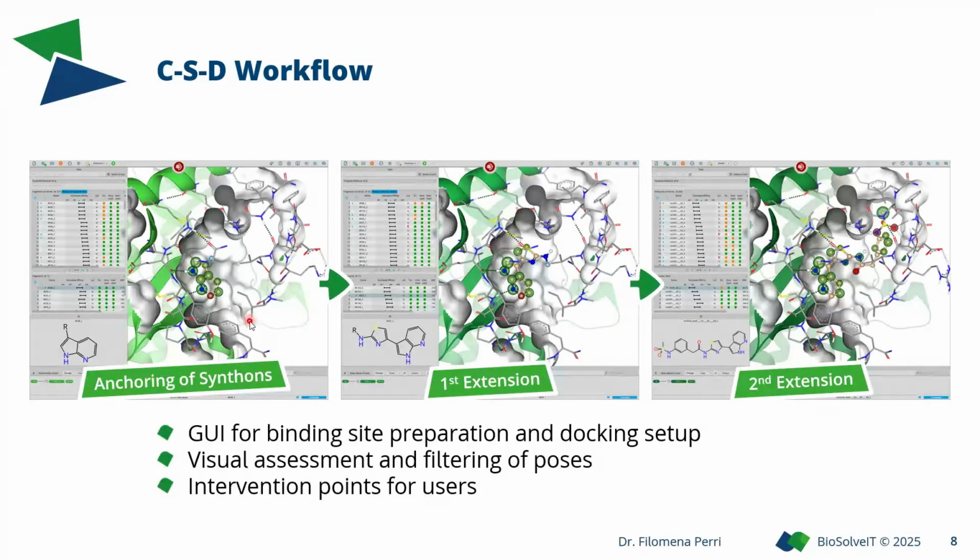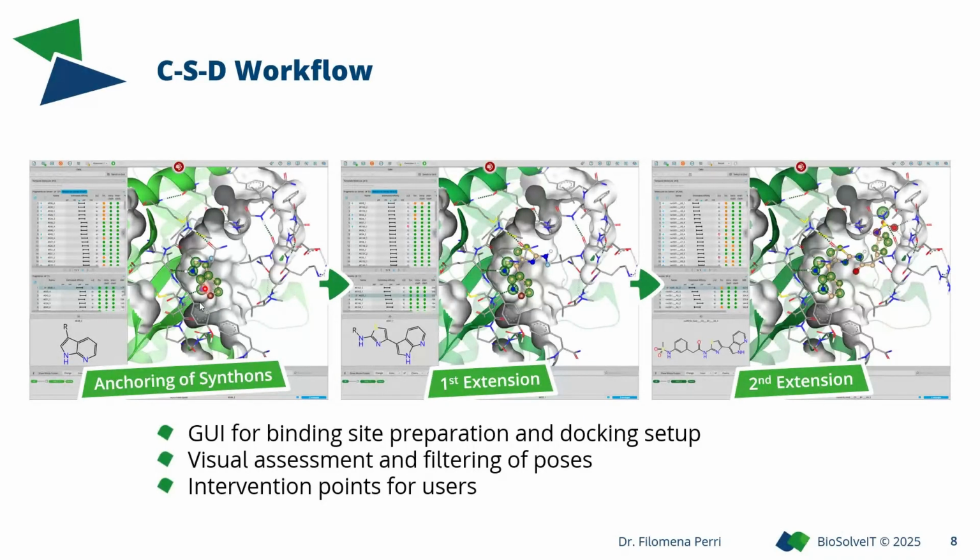After doing that, as we said before, thanks to reaction rules and chemical compatibility, we move to the first extension, and you can see that we grew some of those anchors into slightly larger molecules. Once again, there is a visual assessment and filtering of the poses, and we can proceed to a second extension and so on, like I said before.